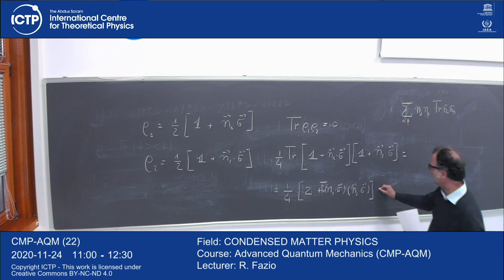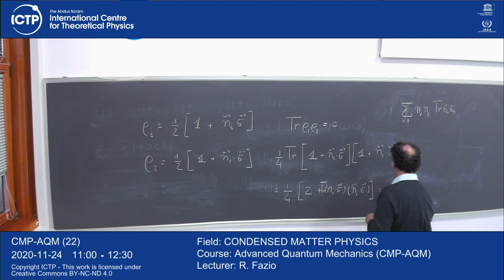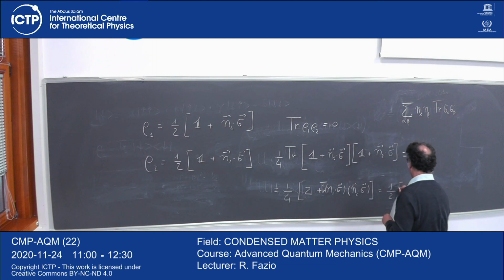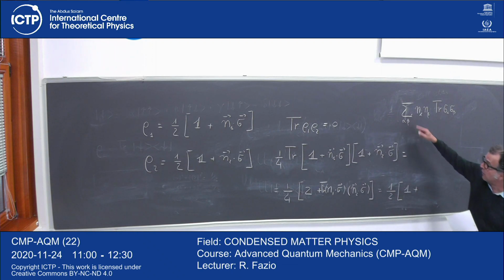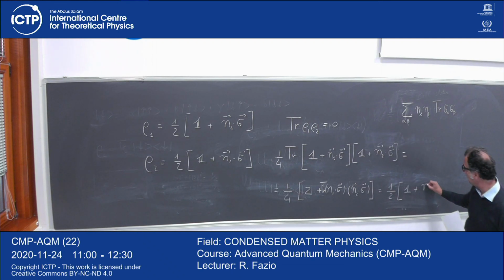So this is equal to 1/2 times 1 plus, since the sum over alpha gives n1 scalar product with n2. Okay?